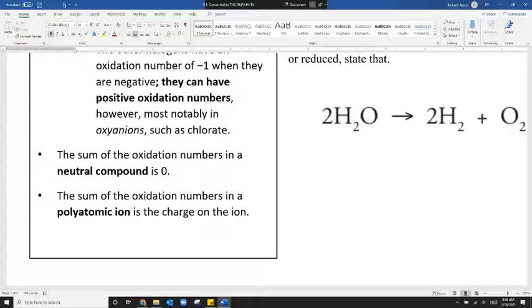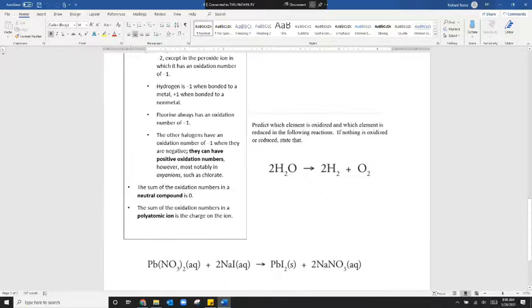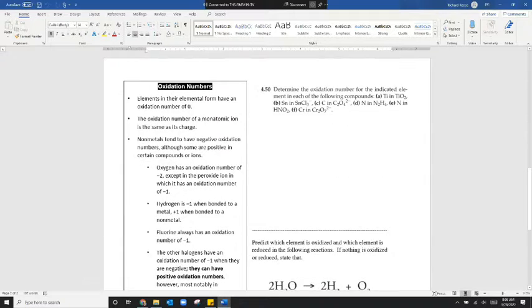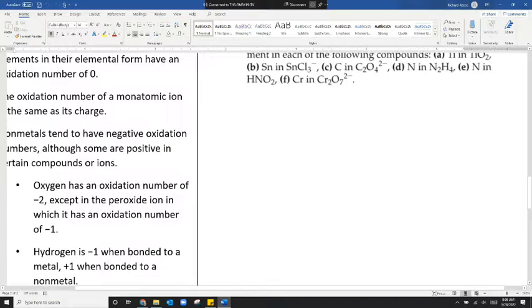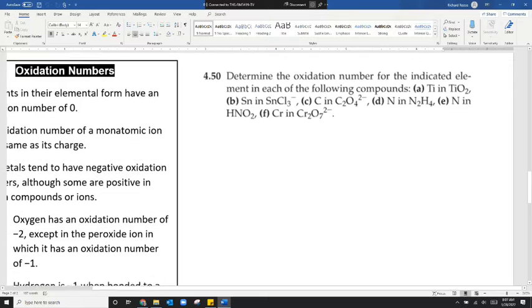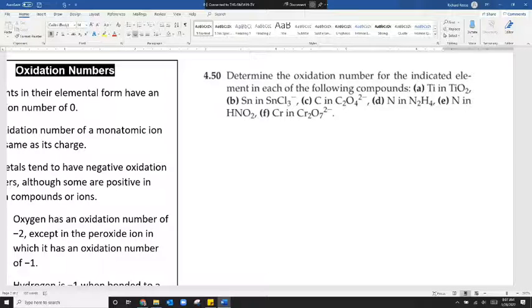All right, let's practice with this now, and that's what we're going to do on number 4.50 there on the handout. It says, determine the oxidation number for the indicated element in each of the following compounds.